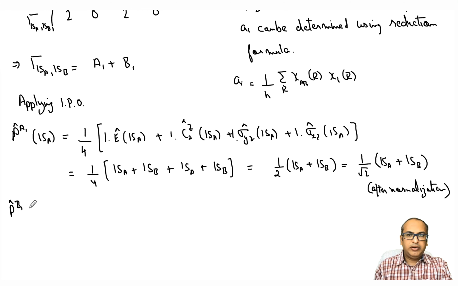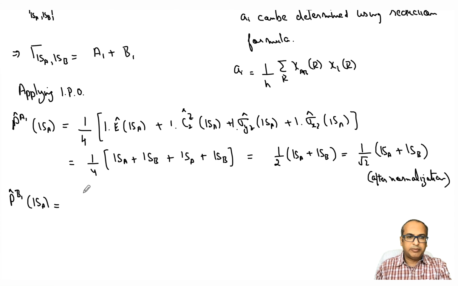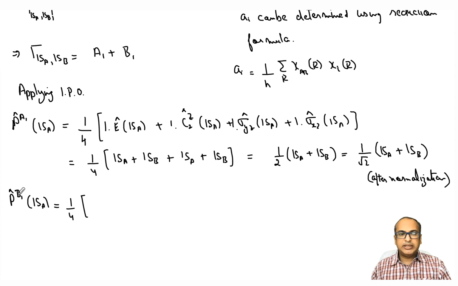Now let's do the same thing for the B1 representation. So P_B1 on 1SA. You can choose either of these; either one of the functions is fine. It does not matter which function you choose, you will get the same result. So again 1 over 4. You should know what the traces are for the B1 representation.